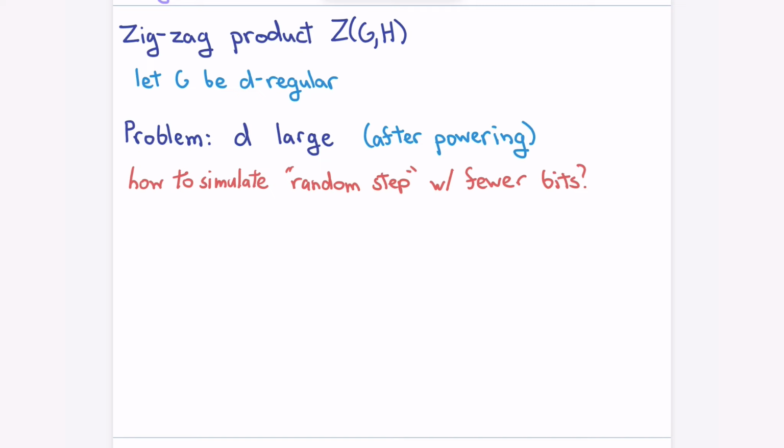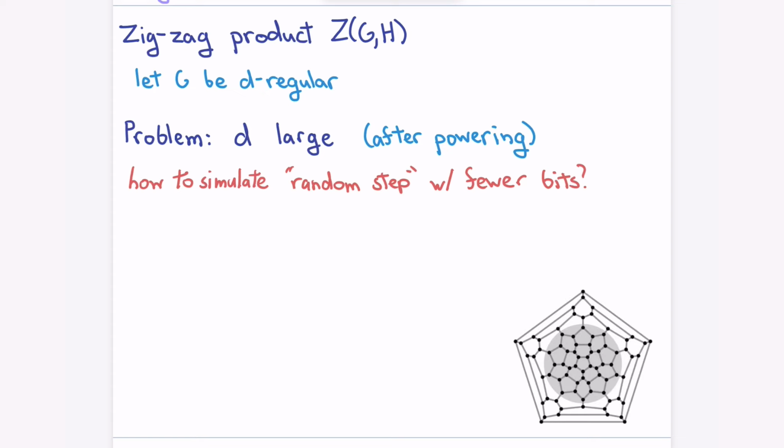So what if I told you that the solution somehow involves expanders? This is supposedly an expander graph, by the way, if you Google expander. So suppose you can build graphs like this, graphs that are well connected but very sparse, low degree.